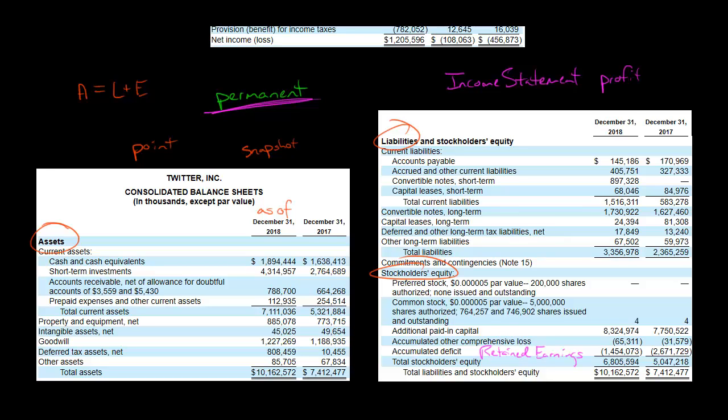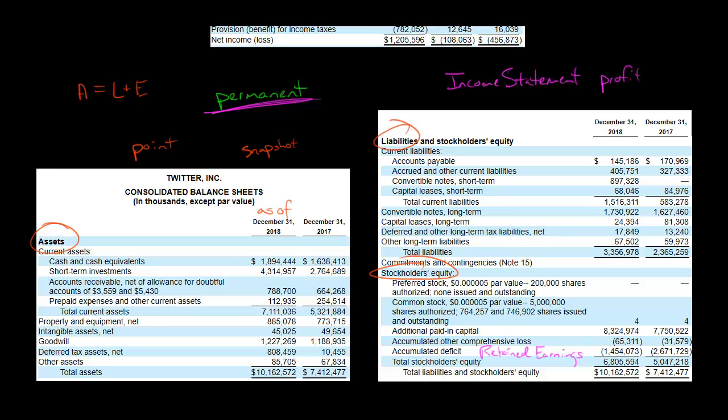Retained earnings is just all the profits the company has ever earned throughout its life, minus any dividends distributed. It's a little more complicated than that, but that's the basic idea. Accumulated deficit means that Twitter had accumulated more losses than profits, so you just change the name of it to accumulated deficit.